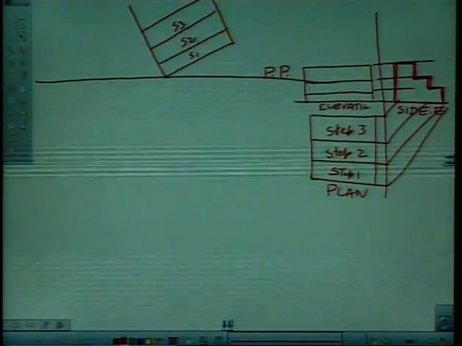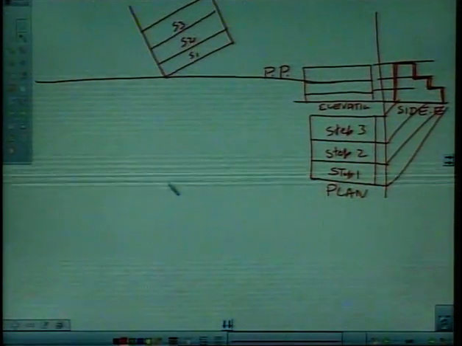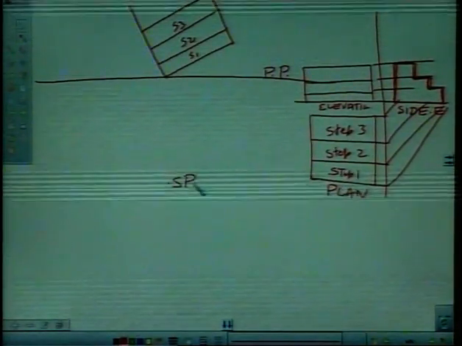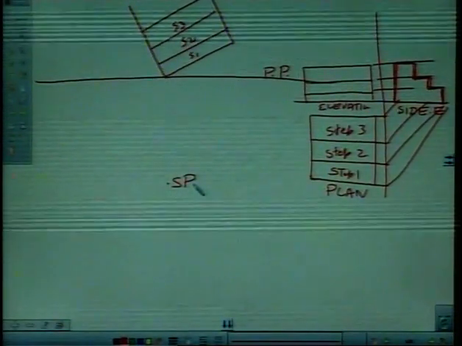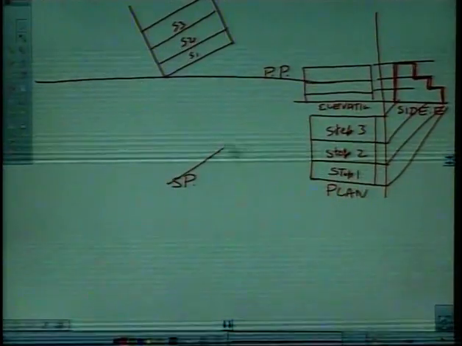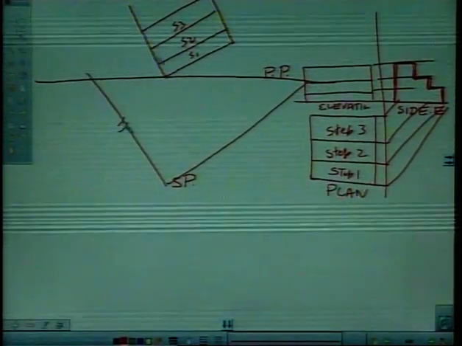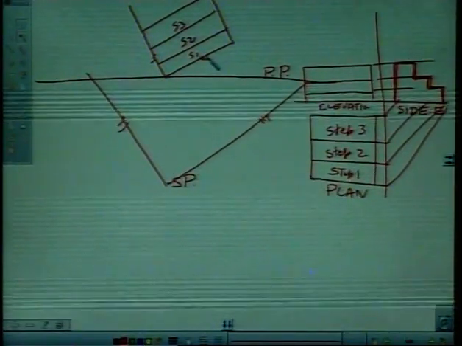Next, locate your station point. Say station point is somewhere here. I write in short station point. Next, draw lines parallel to both the edges of plan. One line will be like this and second line will be like this. These are parallel, right.